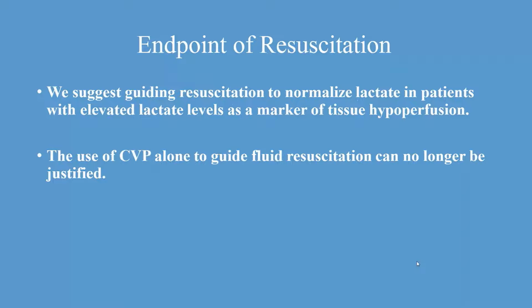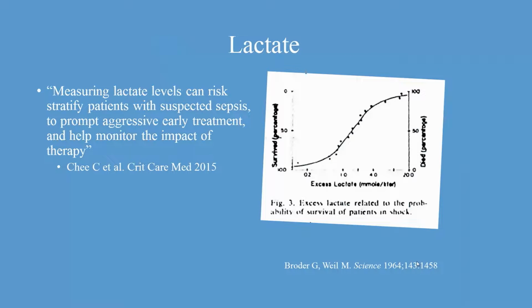They suggest guiding resuscitation to normalize the lactate for those who started with an elevated lactate level, and that the use of a central venous pressure alone to guide fluid resuscitation cannot be justified. A little bit more about lactate, and there's a lot of data going back to the 1960s in trauma, in sepsis, that lactate is an important tool to have in the intensivist toolbox.